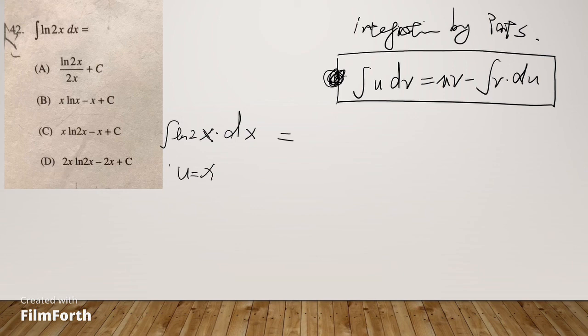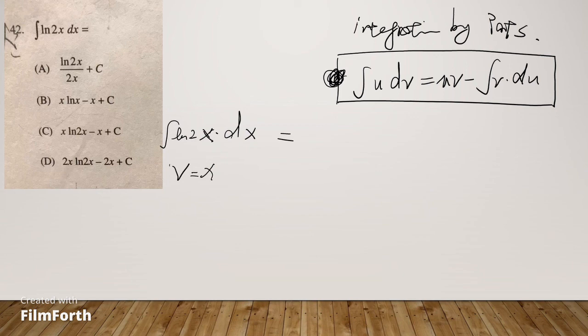There is a trick: whenever we use integration by parts, we need to decide which part to set to be u and which part to be v.